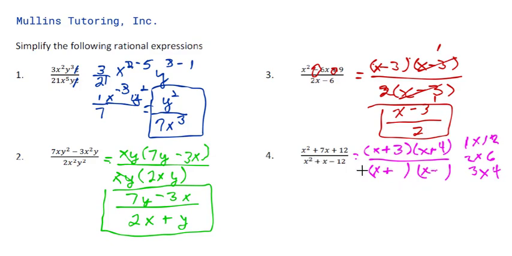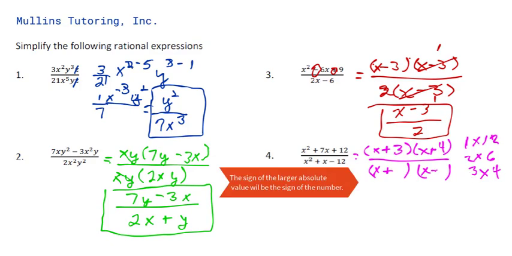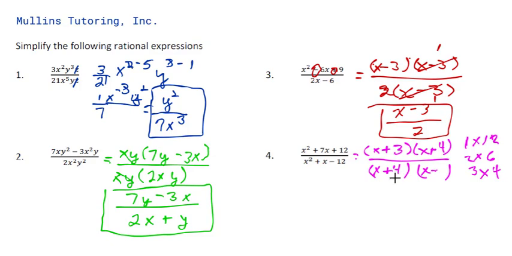Since the x term is positive, that tells me that the positive term is greater. And here, if I have positive 4 and negative 3, I would end up with 1x. So I'm going to have x plus 4 and x minus 3.